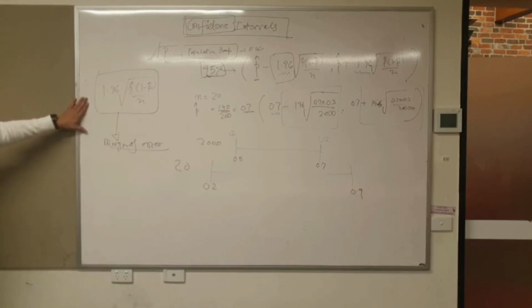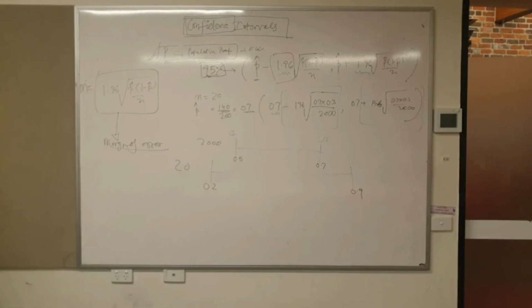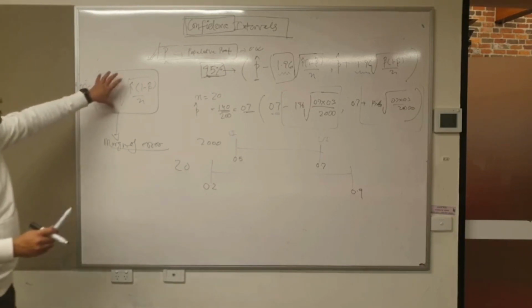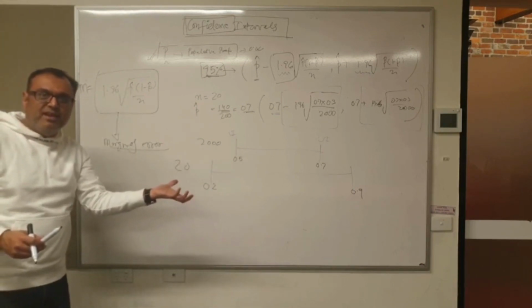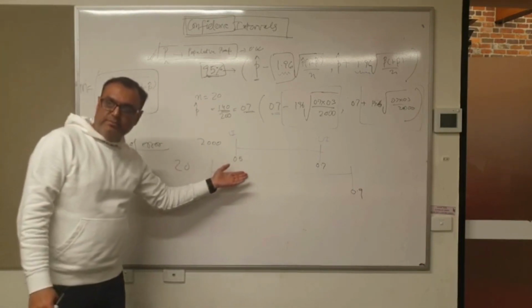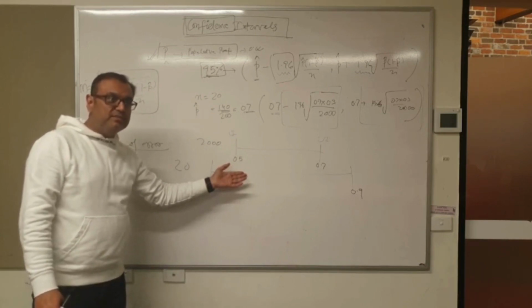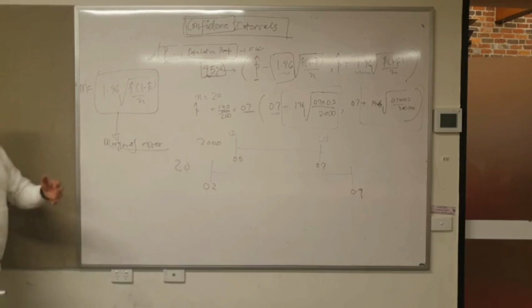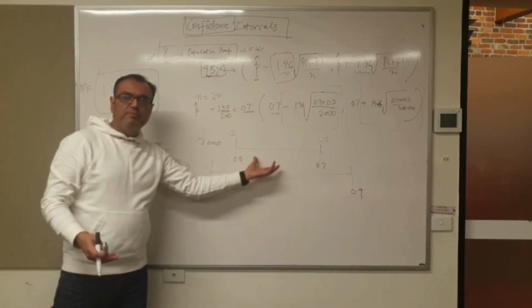It's called the margin of error M. So this actually tells me how much precision I am putting in my interval. Does that make sense, guys? Makes sense? More the sample, better the precision.